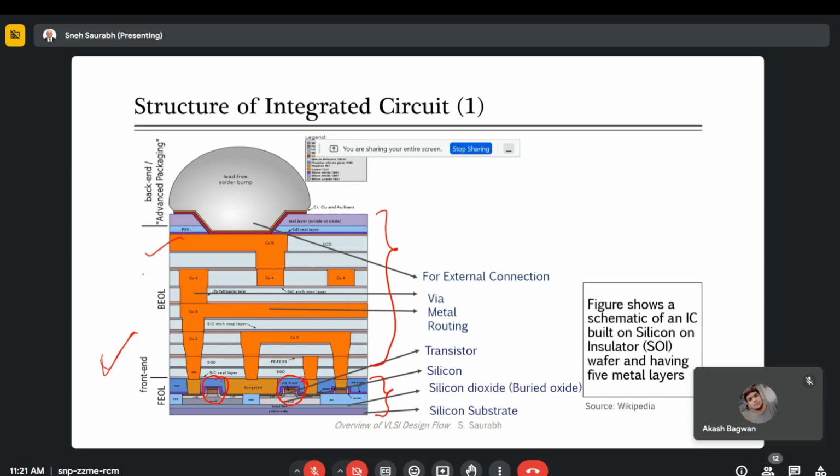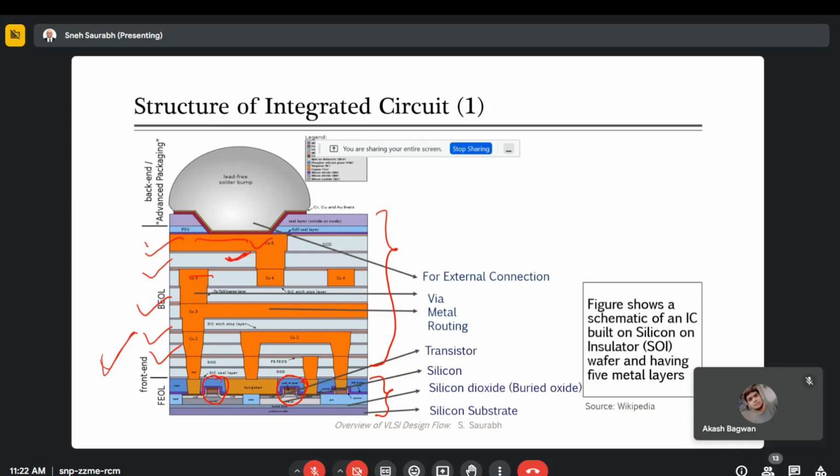The upper layers have many layers of copper which are separated by dielectric. Dielectric means silicon dioxide, which is an insulator. We have one layer of copper running in this direction, and another in the orthogonal direction. The next one runs in the original vertical direction, and the next one in the orthogonal direction.